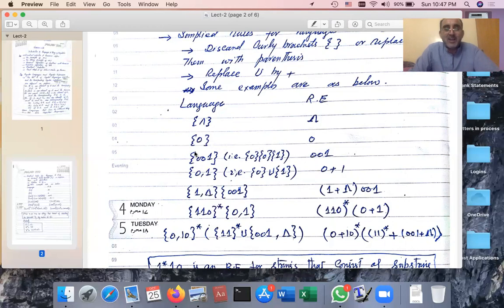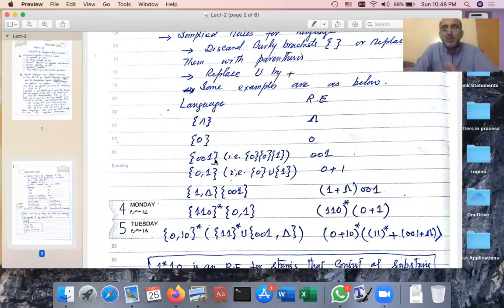Again, if we have a language like {001} with curly braces, or I can also represent it as {0} concatenated with {0} and concatenated with {1}, all elements in separate curly braces. So this is very much similar to this one.